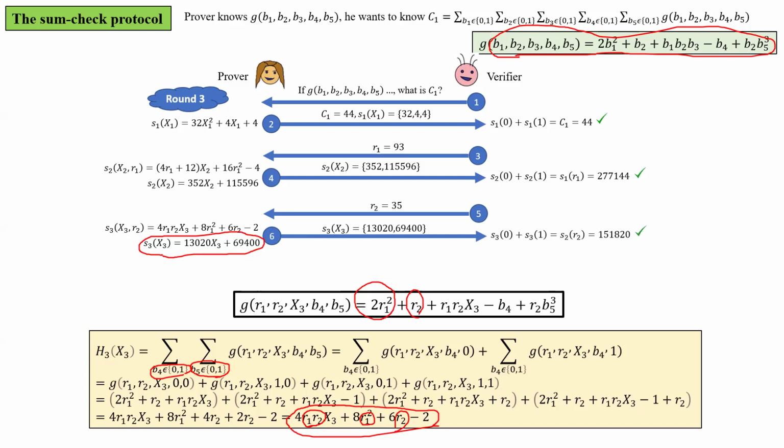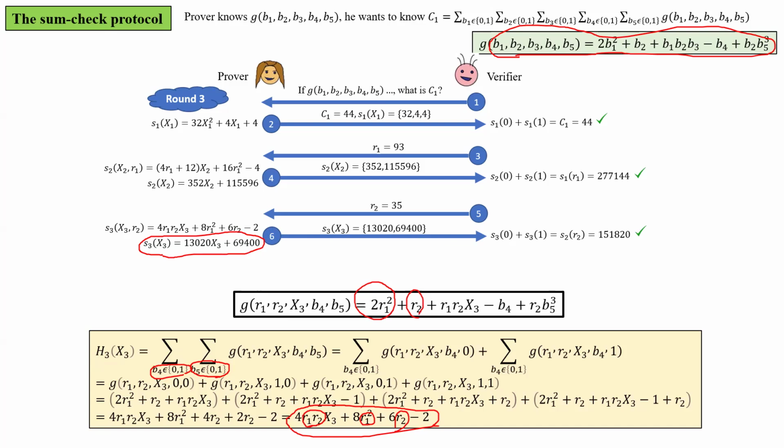So similarly, on the verification side, the verifier forms function s3(x3) using the received coefficients, and then calculates s3(0) and s3(1) and sums these values.